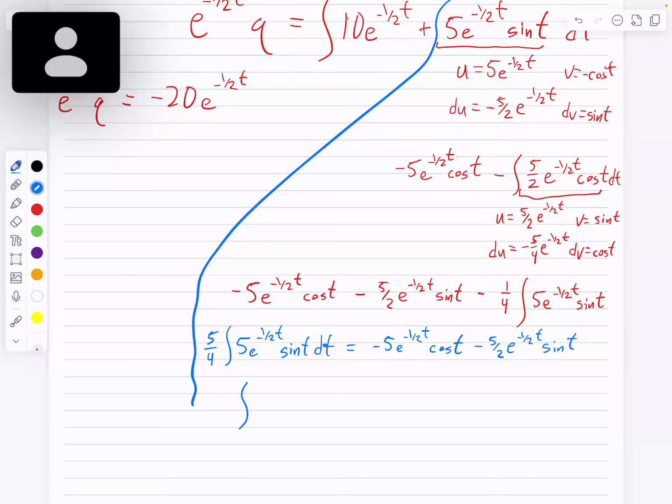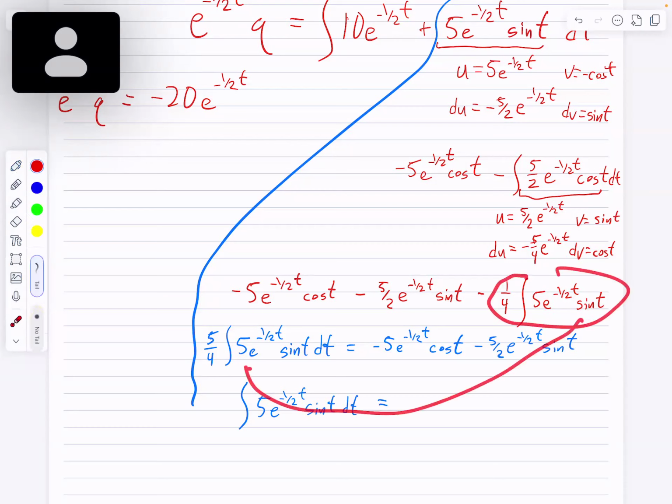And so that gives me that the integral of 5e to the -1/2 t sine t dt equals, and the reason I got that is because I added this 1/4 to the other side to get a 5/4.